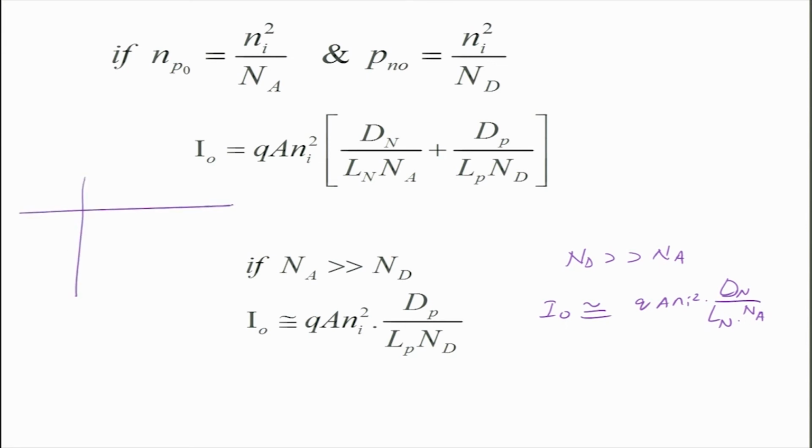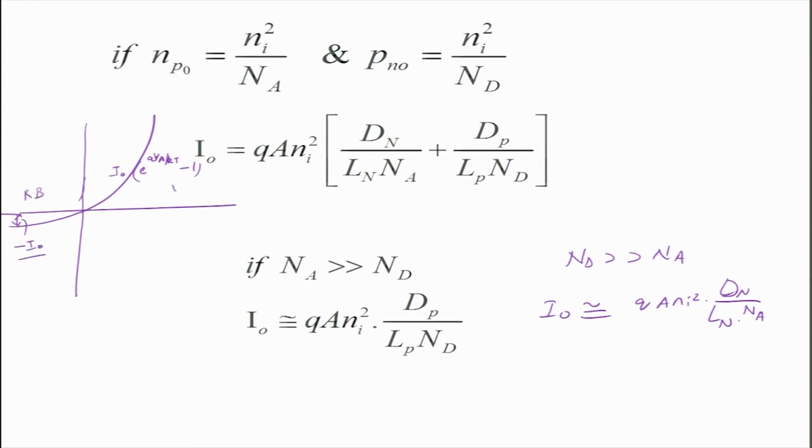When you plot it, this is the forward current, which has an e to the power qVa by kT minus 1 dependence, and this is the minus I naught you get in reverse bias.